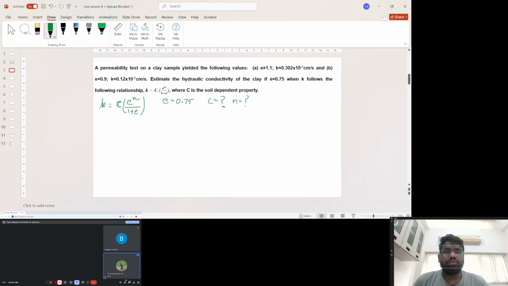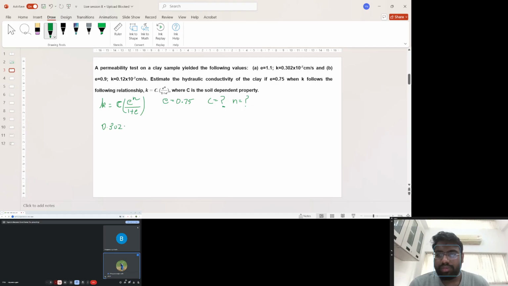For that we have two conditions for which both the void ratio and hydraulic conductivity are given. If we solve these two equations, then you can get the value of C and n, and then you can substitute the value of 0.75 in this equation, and you can get the coefficient of permeability.